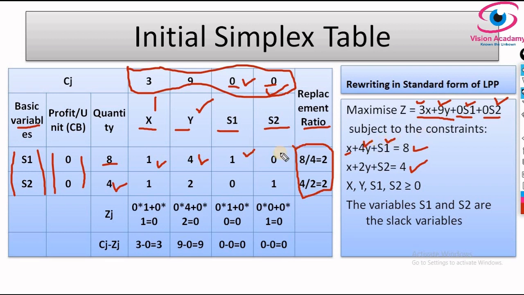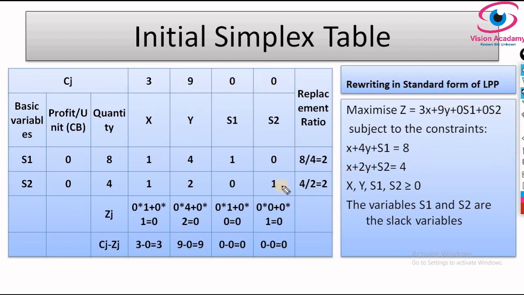There is no s2 value in the first constraint, so I have considered 0. In the second constraint the x value is 1, the y value is 2, there is no s1 value in the second constraint, so I have considered 0, and the s2 value in the second constraint is 1, there exists s2. So this is how I have replaced all the values into the initial basic feasible solution.